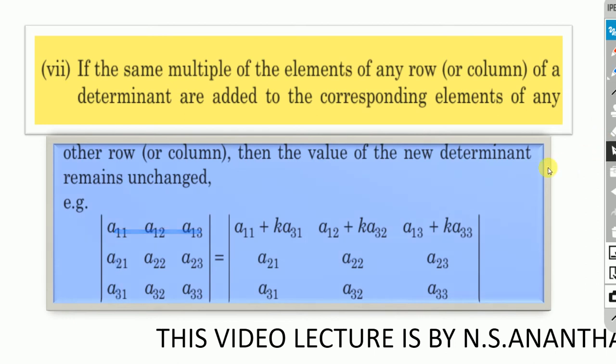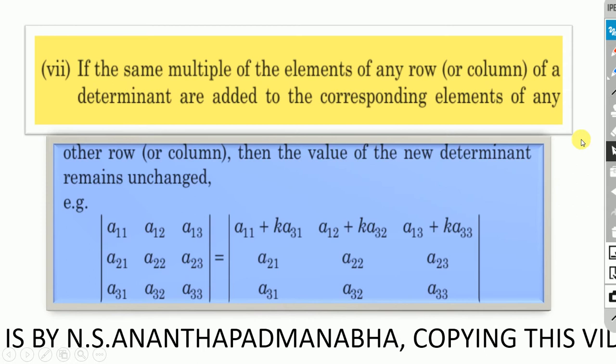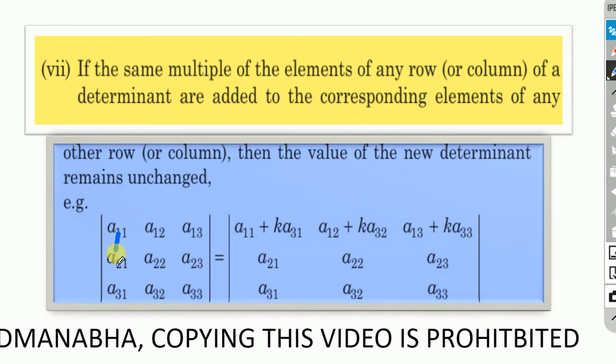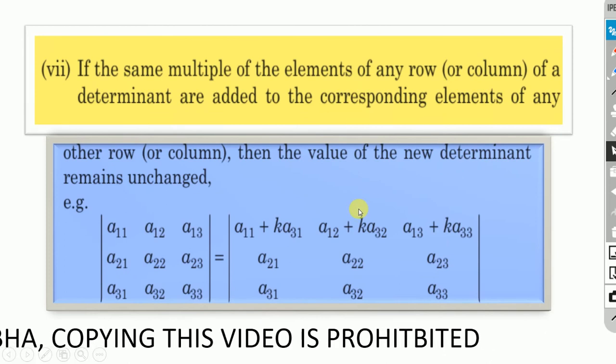So row 1 becomes a11 plus k into a31, a12 plus k into a32, a13 plus k into a33. Then the value of the determinant is unaltered, that is, it is unchanged. This is the meaning of this property.